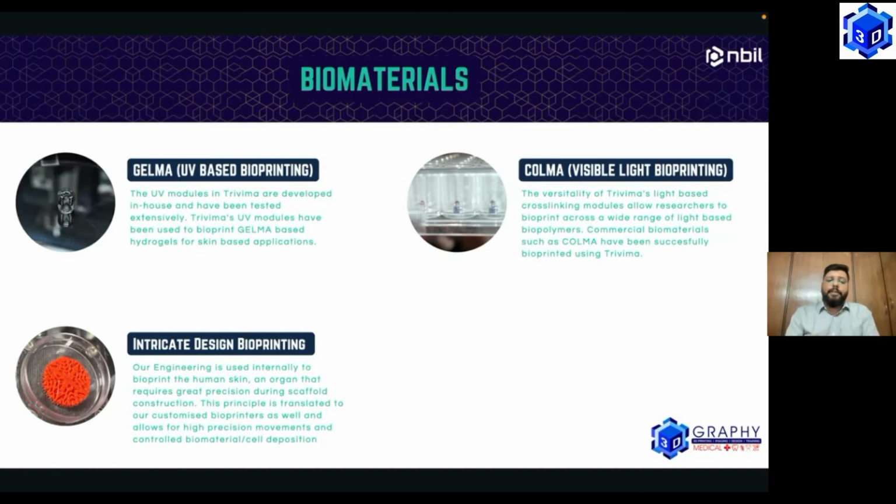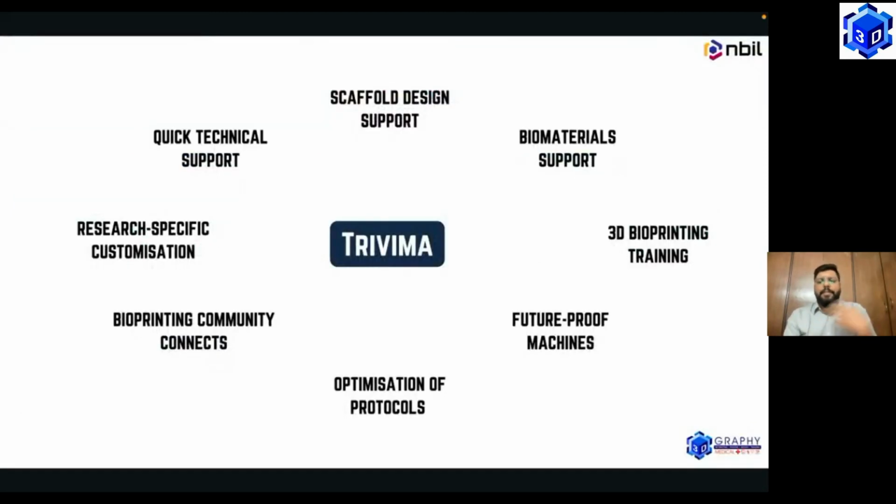You're not able to do much, so we allow people to actually hack the entire printer and play around as much as possible, and make it as customizable, modular, and easy to use for customers. Apart from that, we offer a lot of services around Trivima, but the main thing being that it's customized and it's future proofed.